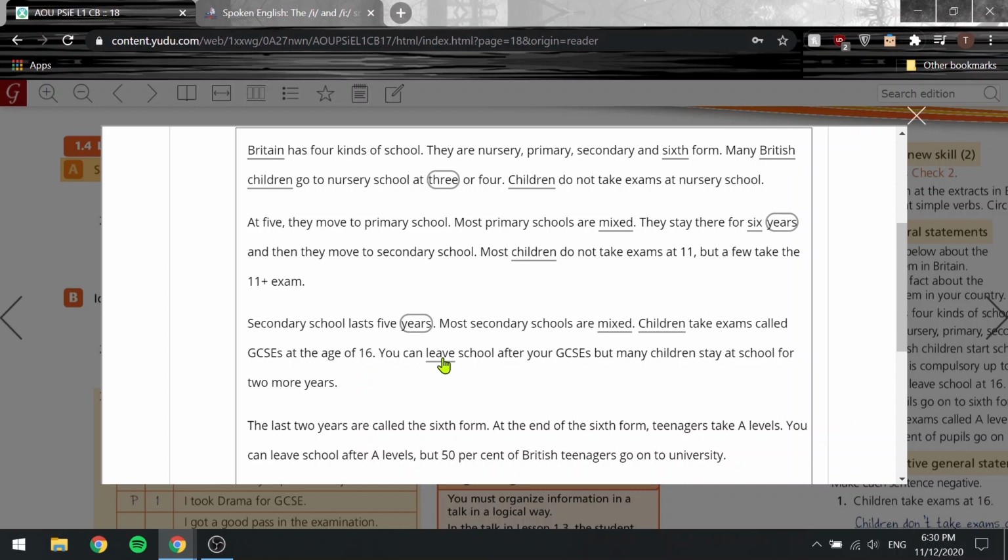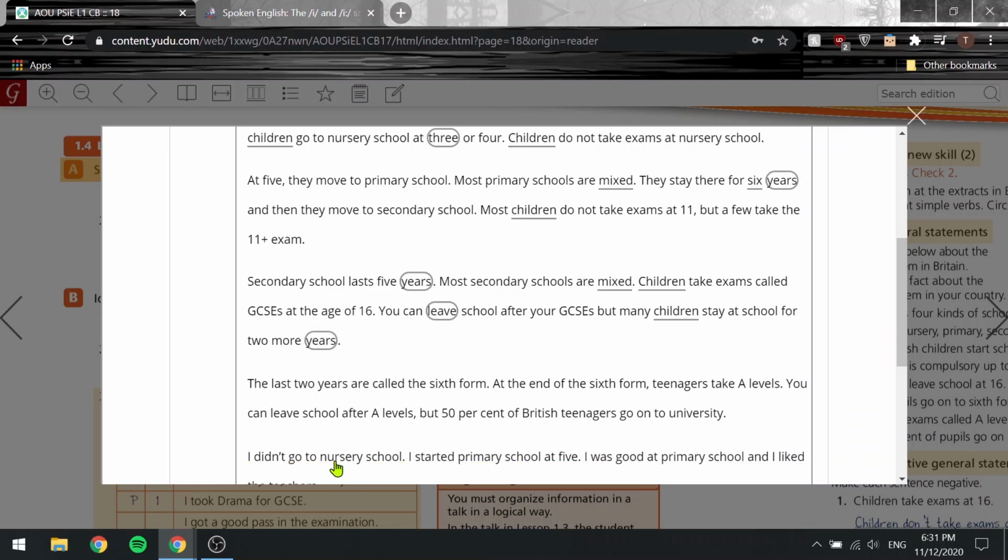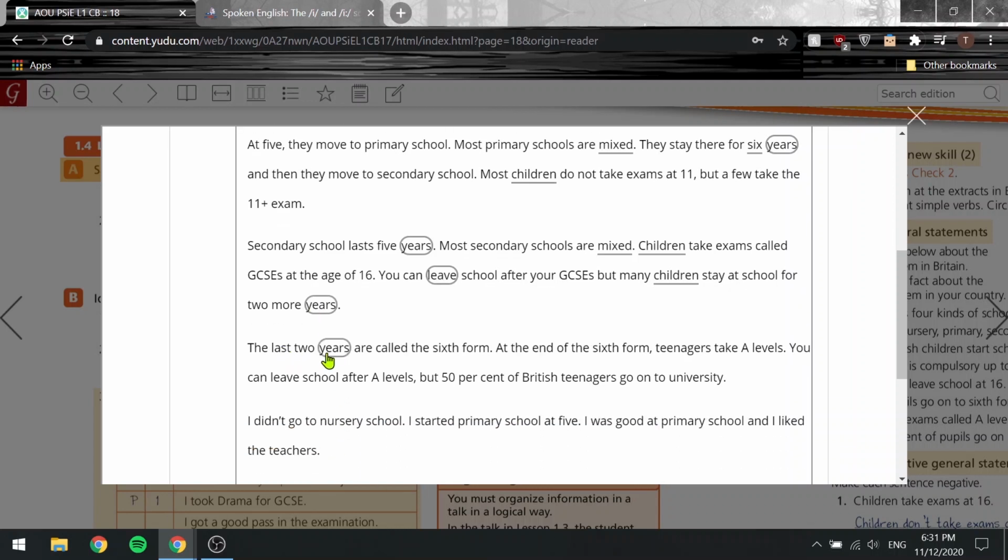You can leave, okay, has that E sound, school after your GCSEs, but many children stay at school for 2 more years. The last 2 years, again, are called the sixth form, 6. At the end of the sixth form, again, teenagers, teen has that E sound, take A-levels.